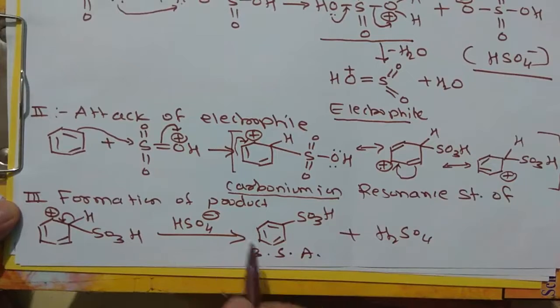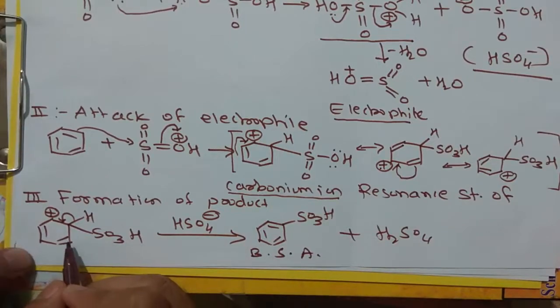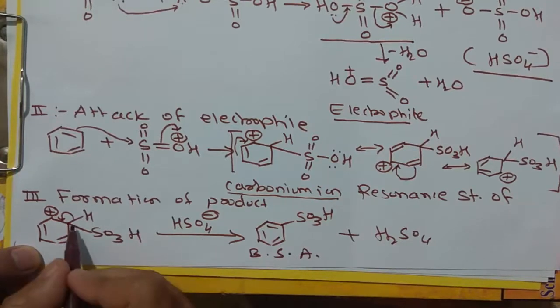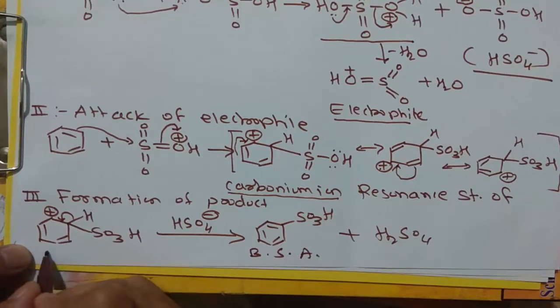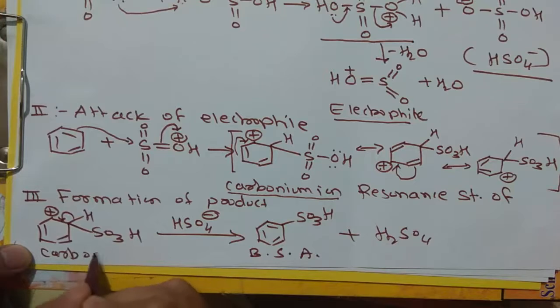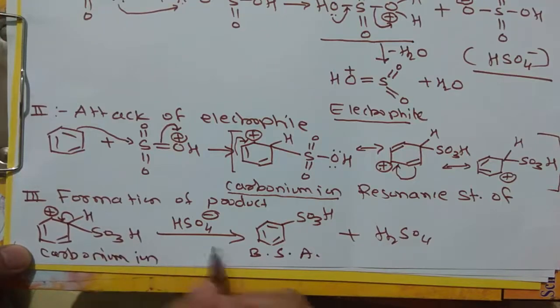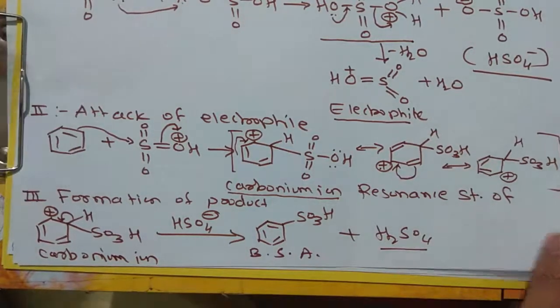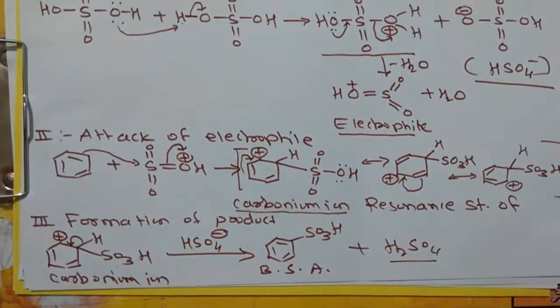In the third step, HSO4 minus abstracts the proton from the carbonium ion, and there is a formation of H2SO4 and benzene sulfonic acid. It is the overall mechanism for the formation of benzene sulfonic acid.